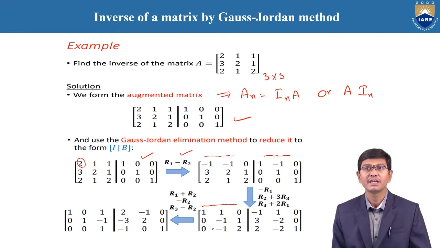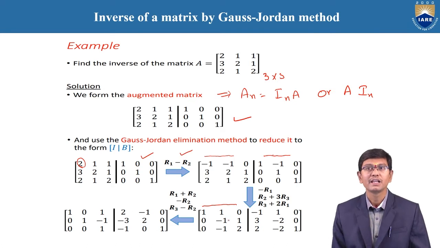While observing these matrices, once again in the first row the second element 1 is obtained, but we need to reduce this 1 to 0. Therefore, once again we apply R1 plus R2, so the first row becomes 1 0 1.